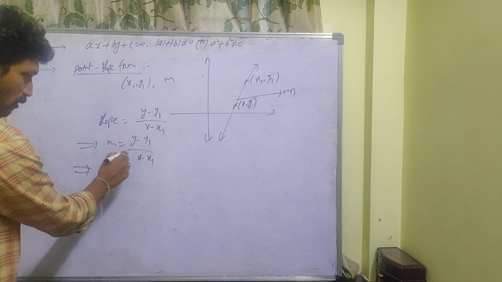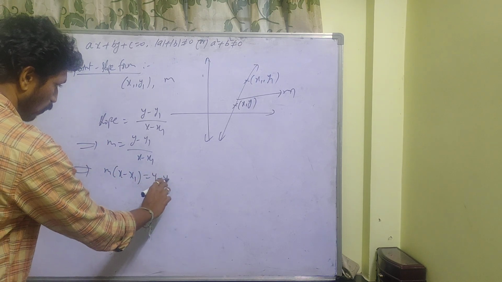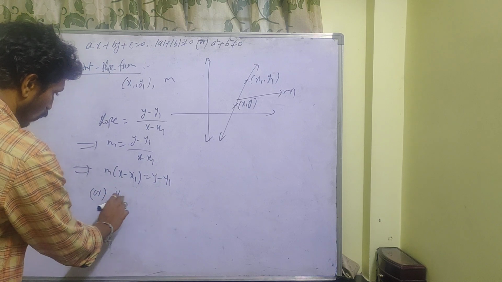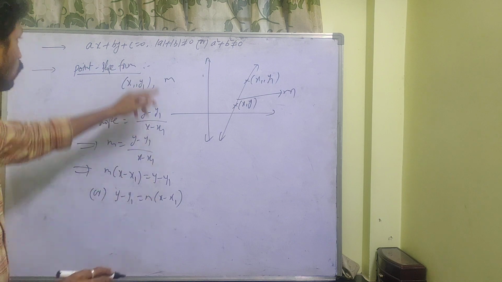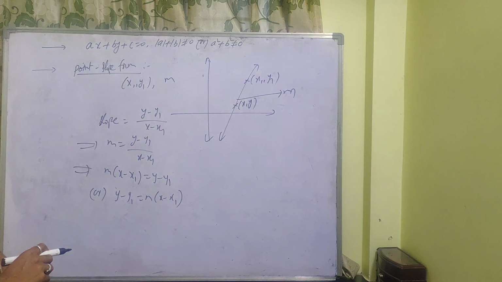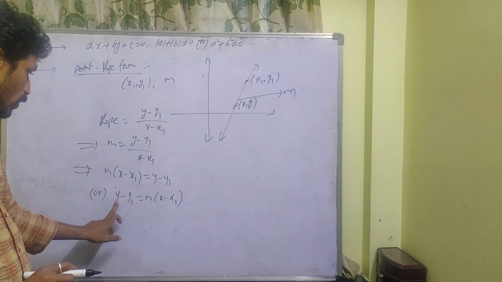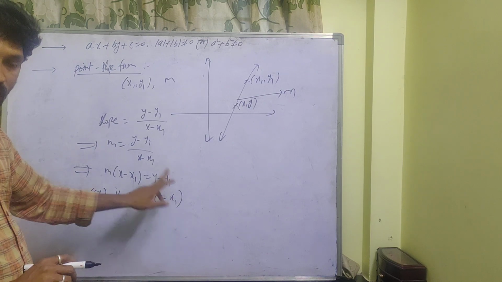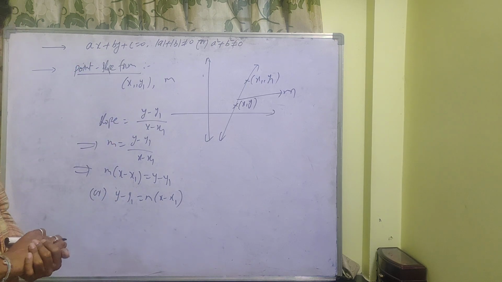Cross multiplication, you have m of x minus x1 is equal to y minus y1. Or you can say y minus y1 is equal to m into x minus x1. If you simplify this one, you get this form. Here m is a known value, x1 comma y1 are known values. So in terms of x comma y, we have one linear equation. This is called the point slope form.